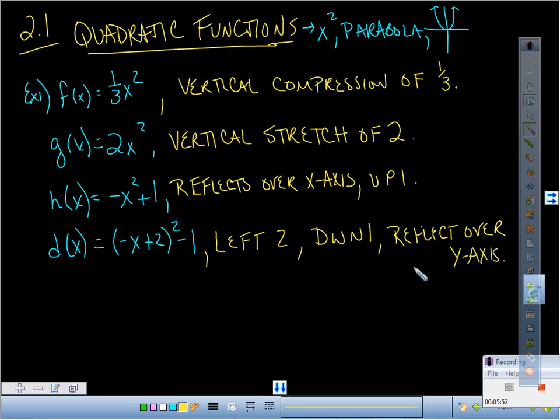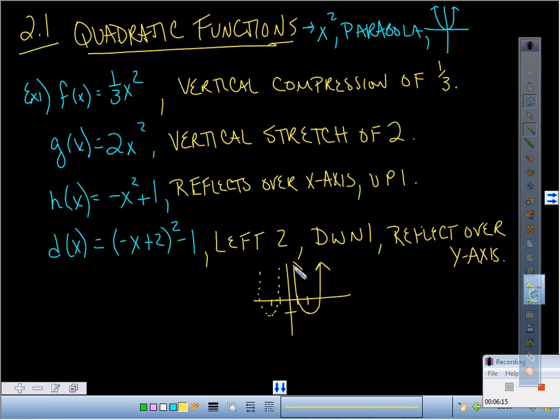Tons of kids missed them. Because look what's going to happen. When you go left 2 and down 1, this thing is right here. Everybody agree? When you reflect it over the y-axis, then it goes right here.